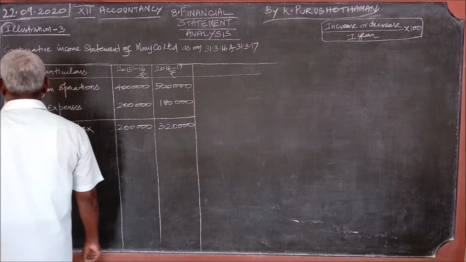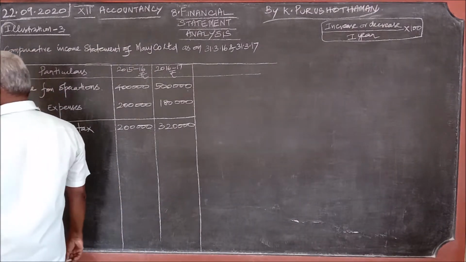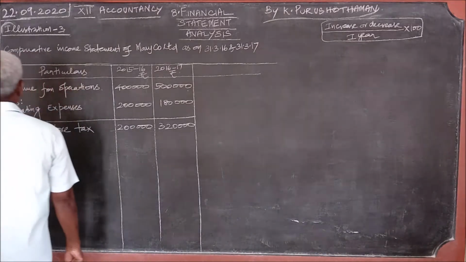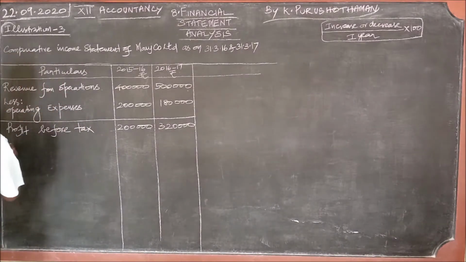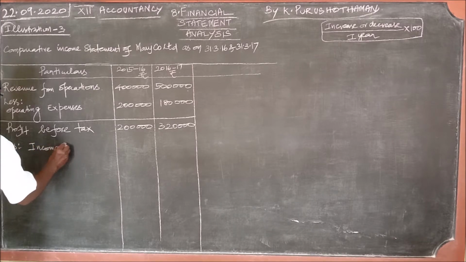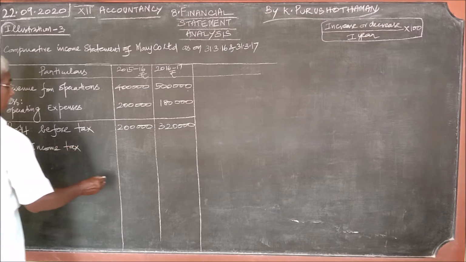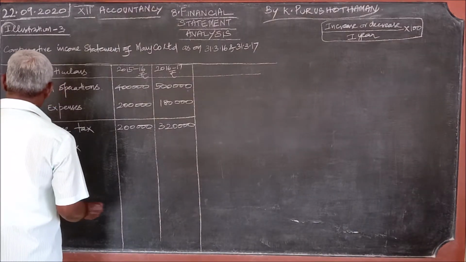Then, after this, what should we calculate? We should calculate the income tax and less. Less income tax. For the first year, 20%.